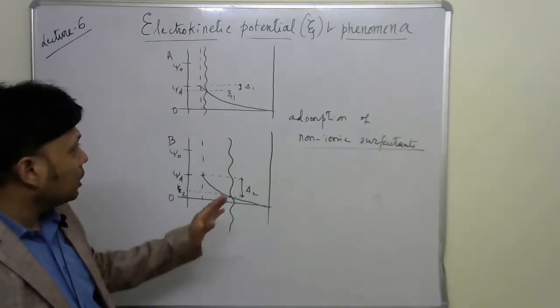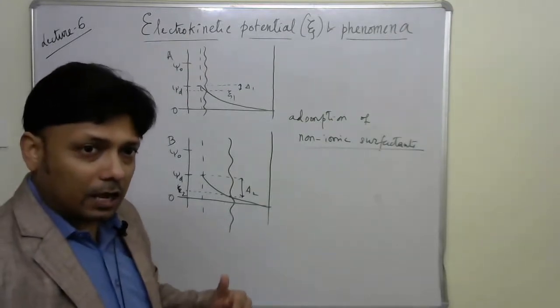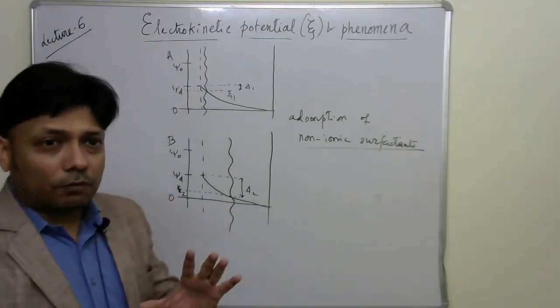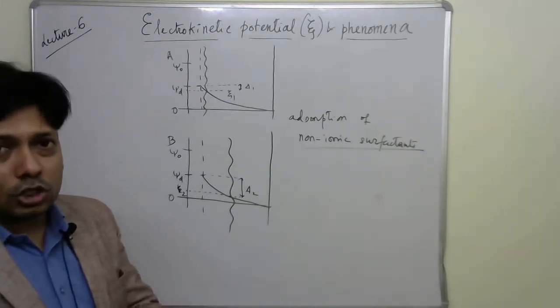So in those general cases, if you can measure zeta, you can have an idea of psi d, and from that you can estimate psi naught.